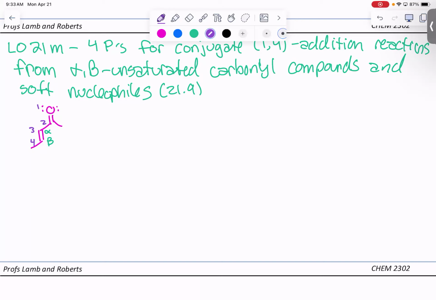So we have 1,4 addition, meaning we're going to add bonds across the 1 and 4 atoms. Okay, so now let's see where our delta plus and delta minus is going to reside in a compound like this.